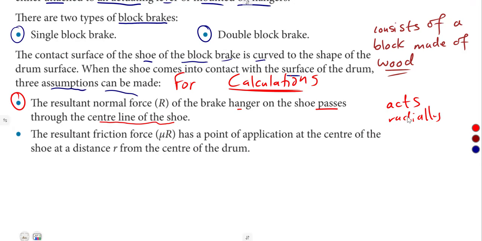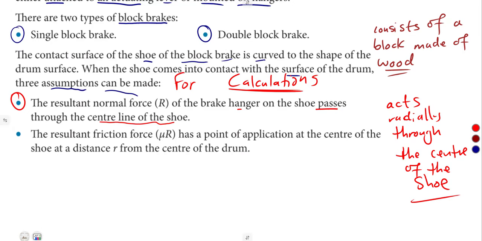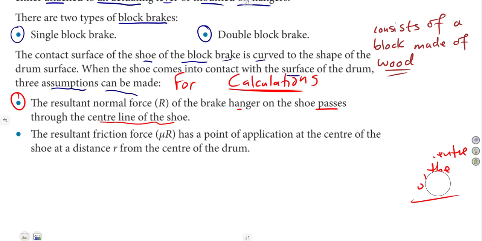It acts radially through the what? Through the center of the shoe. So this is the part that we are referring to. It acts radially through the center of the shoe. So it's an assumption to be made.